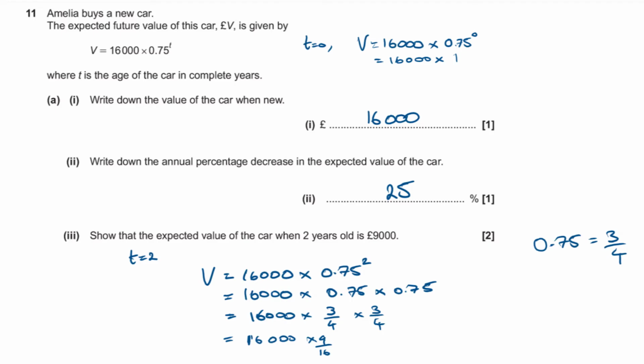So that's super easy. I can divide my 16 into 16,000 to give me 1,000. And then 1,000 times 9 is going to be 9,000, isn't it? Okay, did I show it? Yes, I did. It came out to be 9,000.